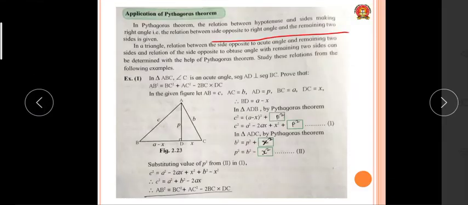By using these two theorems, which we just proved for acute and obtuse angles, we can write the equations: AB square is equal to AM square plus MB square plus 2MB into MD, and second, AC square is equal to AM square plus BM square minus 2MB into MD. The first equation is for the obtuse and the second is for the acute angle triangle.